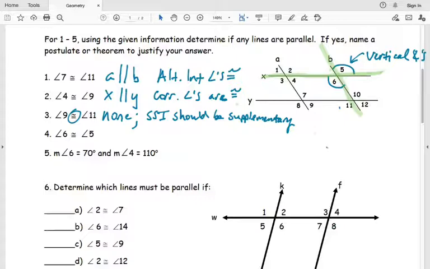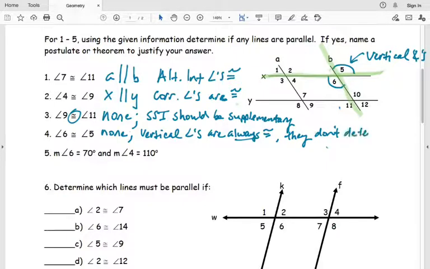So we would say we don't know if any lines are parallel here because vertical angles are always congruent. I'm going to write they are always congruent. They don't determine if lines are parallel. I just used the parallel line symbol there.